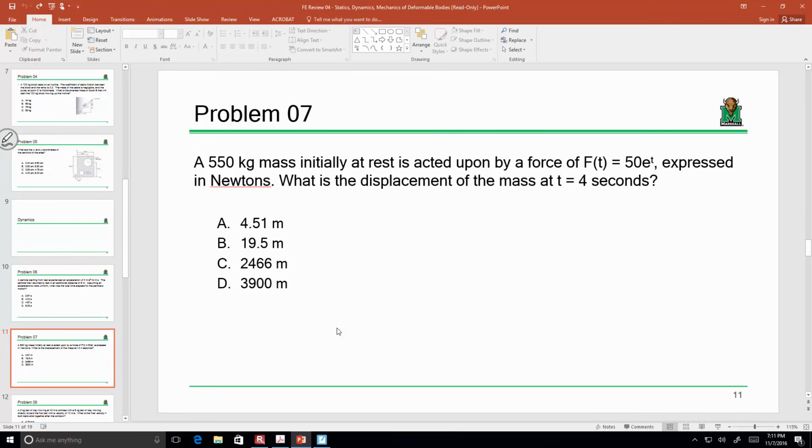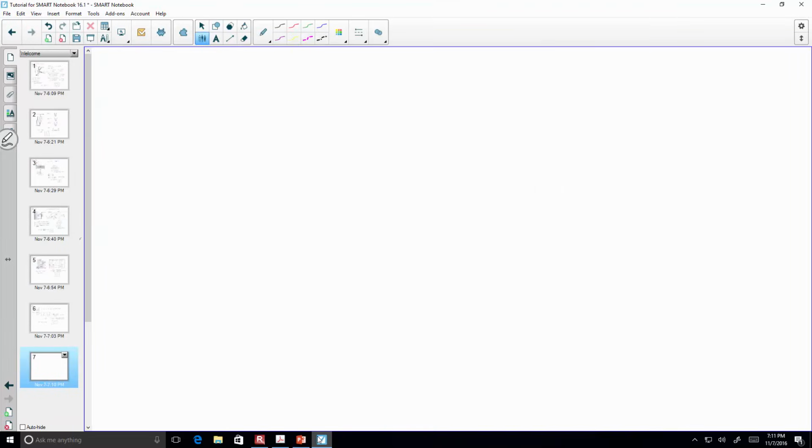So our mass is being acted upon by the following function. Okay. So our force is 50 times the exponential of t. Now keep in mind that this is in newtons.